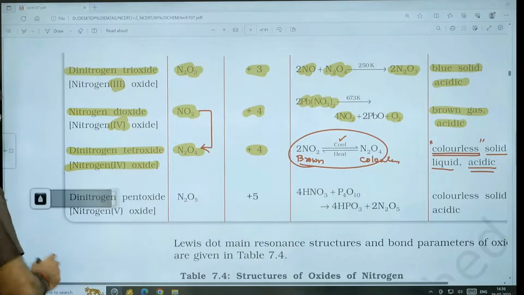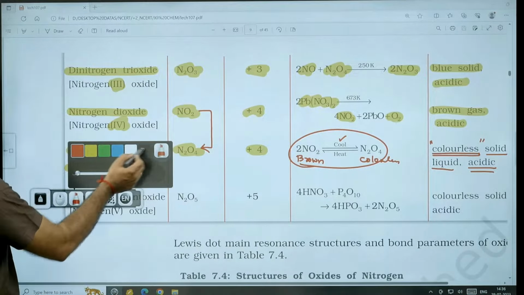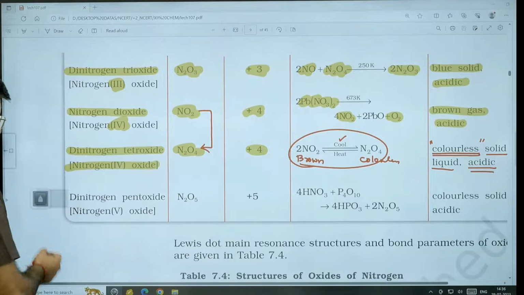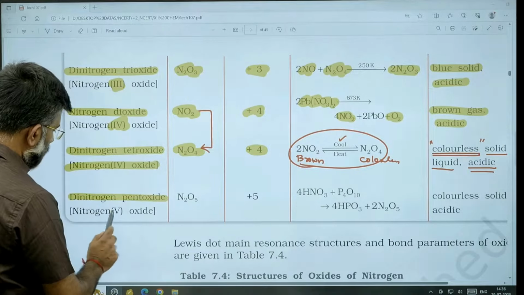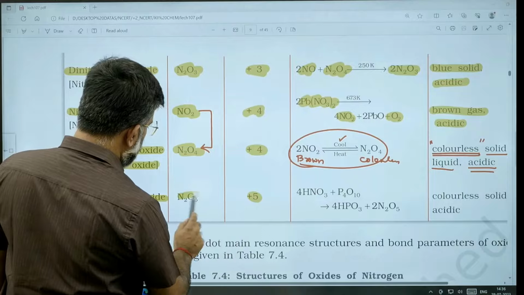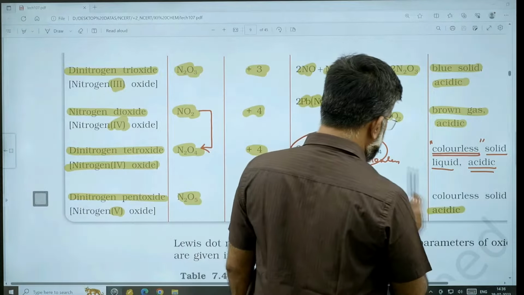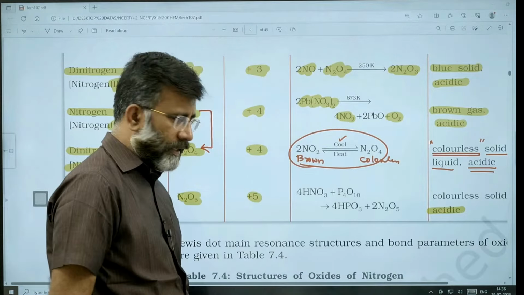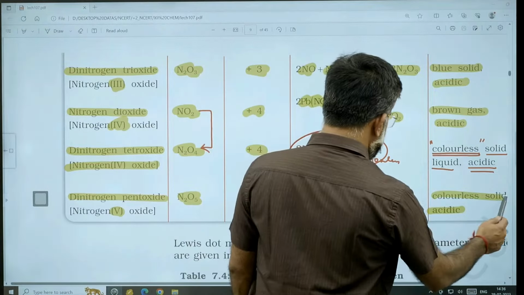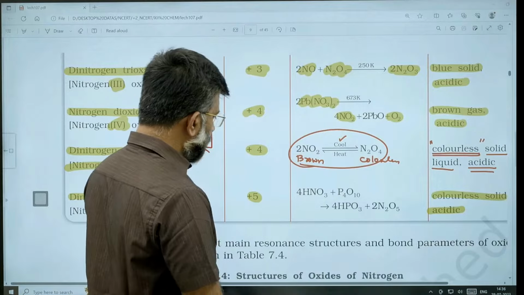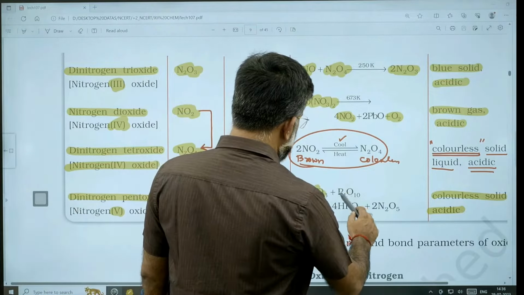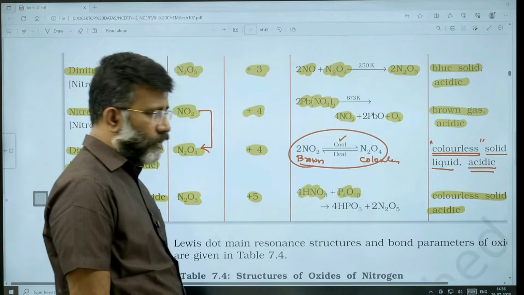Next is dinitrogen pentoxide, that is nitrogen 5 oxide N2O5. That is the most acidic among the list. Most acidic, available as a colorless solid, obtained by reacting nitric acid with the dehydrating agent P4O10.